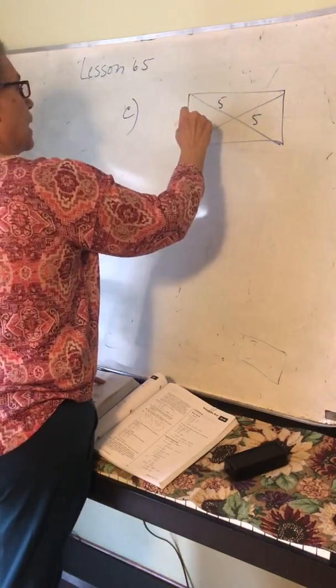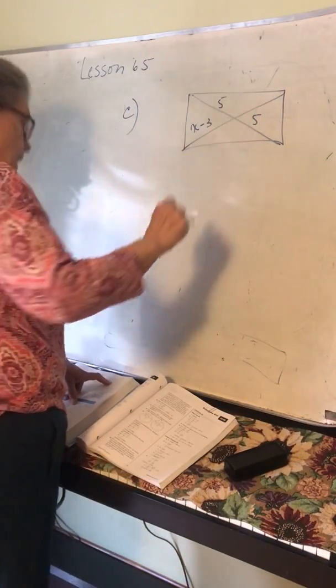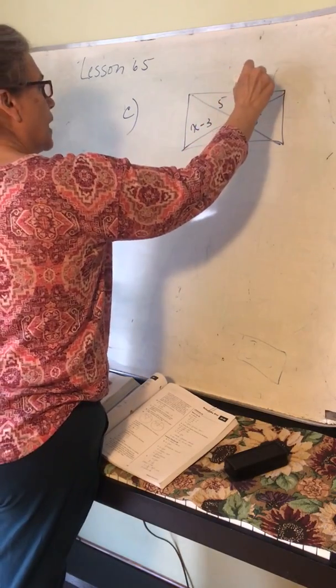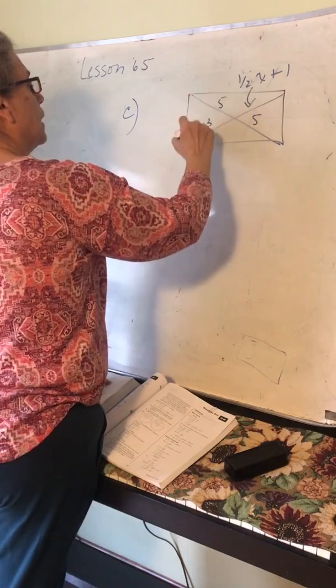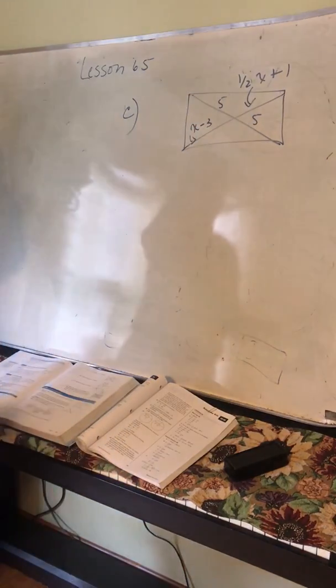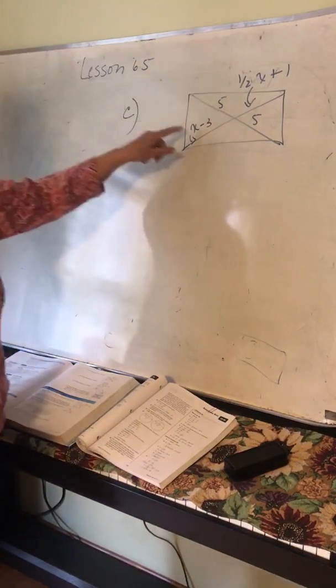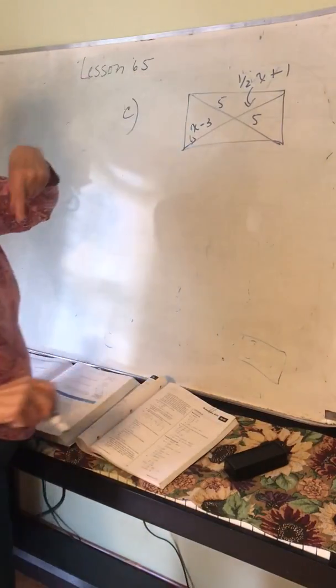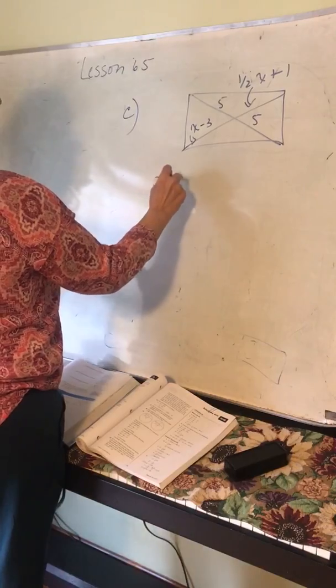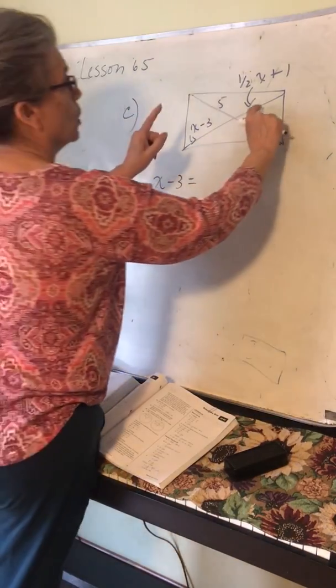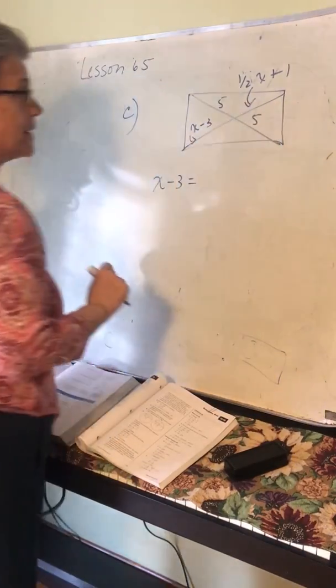So x minus 3 and 1/2 x plus 1, this one, and this diagonal. Our diagonals, these two added together, should equal 10. You can set up that way, or you can just set them equal to each other, because we also know that each of these bisect.